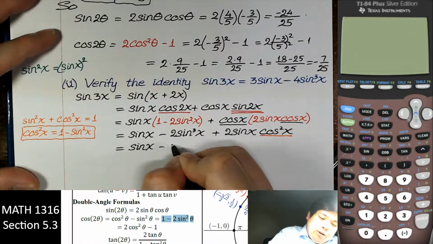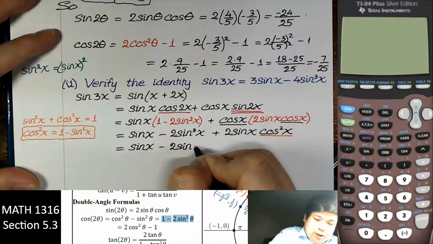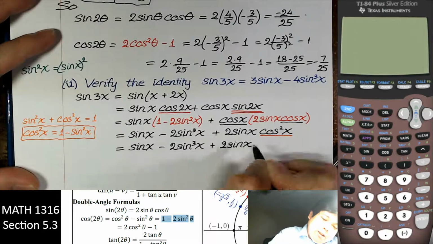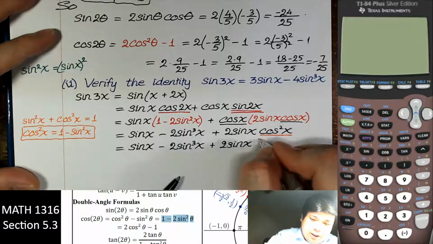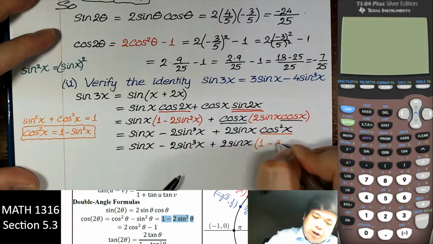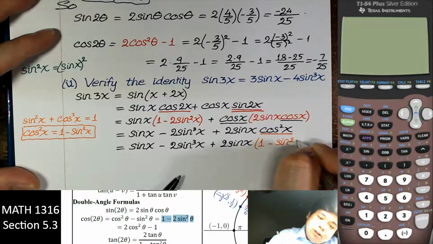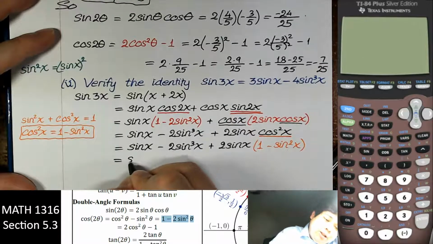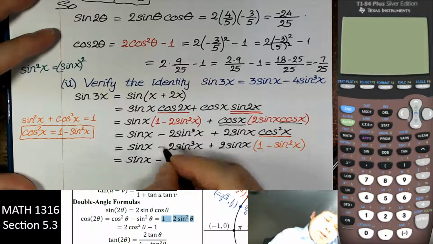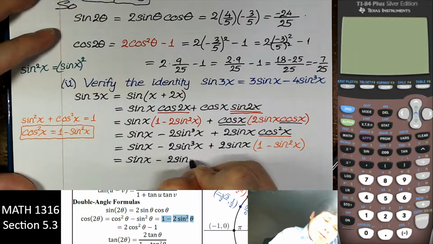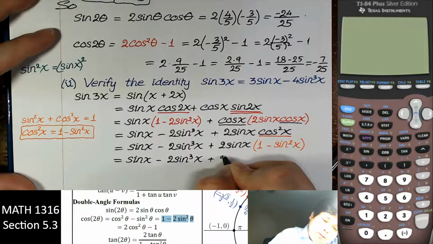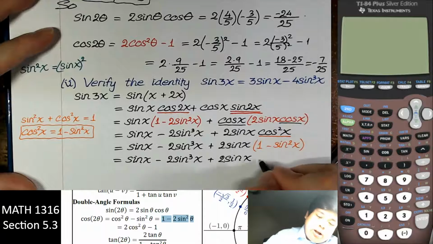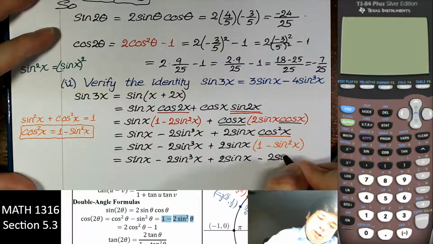Sine x minus 2 sine cube x, 2 sine x. Cosine square is 1 minus sine square. And now multiply it out. And then sine times sine square, again minus 2 sine cube.